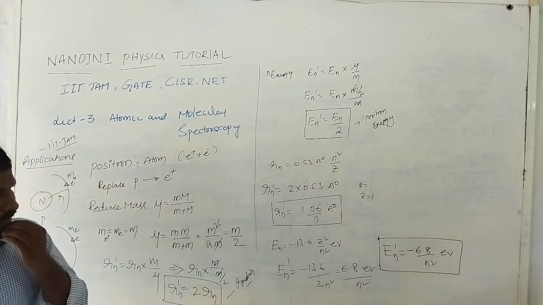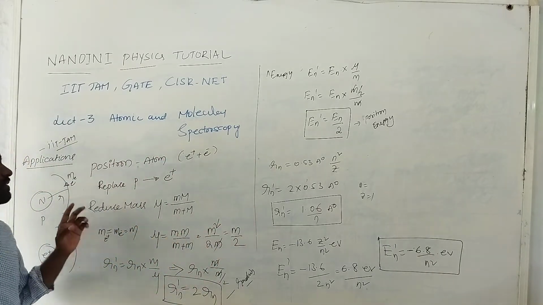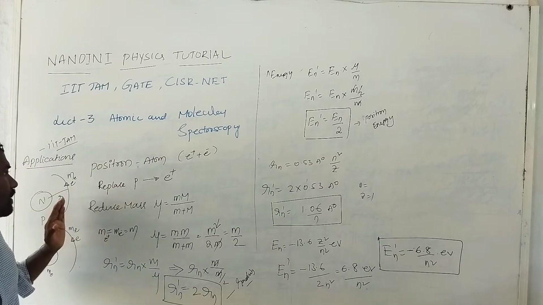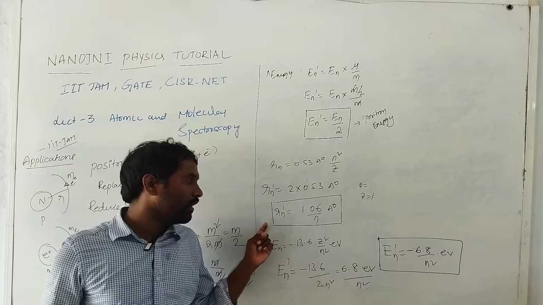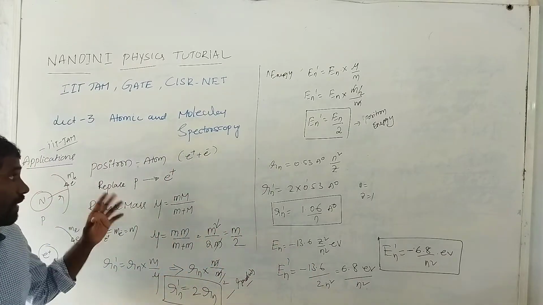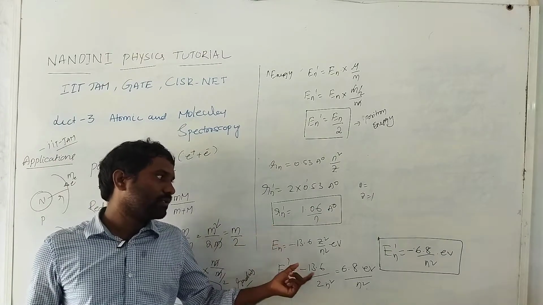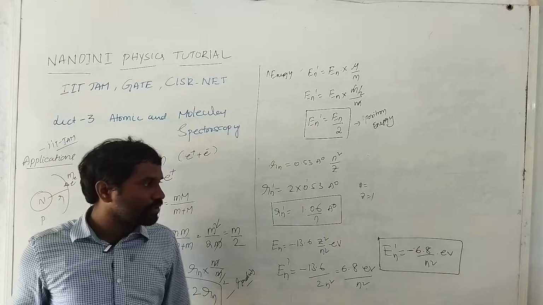So these two are very, very important. Sometimes they are asked in previous papers like IIT JAM and GATE, so many problems are asked using these two formulas. So this is the radius of the positron and the energy of the positron.